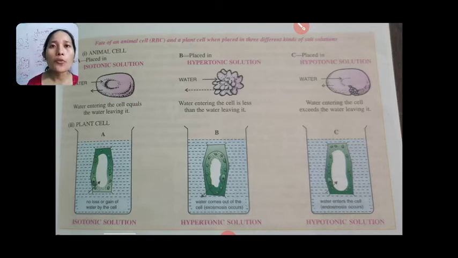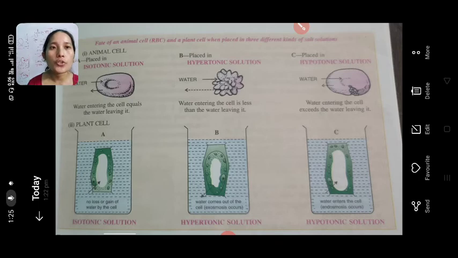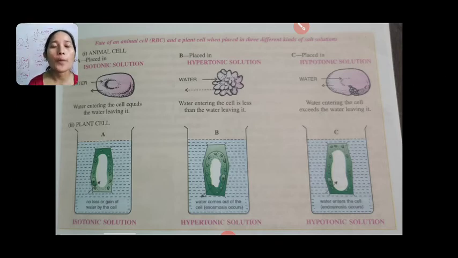Since there is more amount of water inside the cell, water will move out of the cell into the solution. That would result in shrinkage, okay. Now that is also referred to as exoosmosis. The net movement of water from inside the cell to outside is referred to as exoosmosis. So that will result in shrinkage of the cell. You can look at the diagram too, okay.